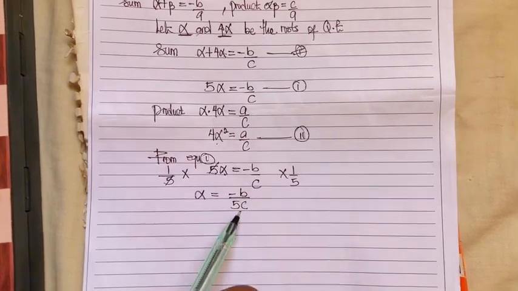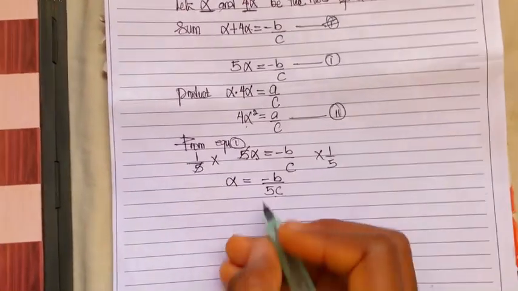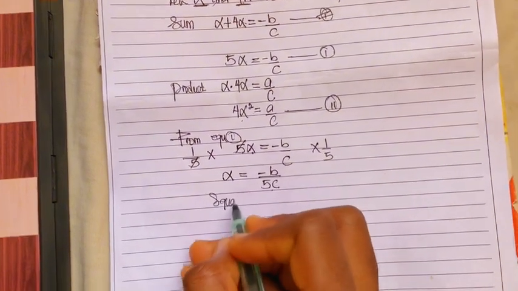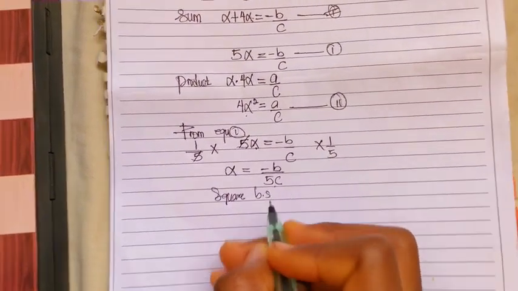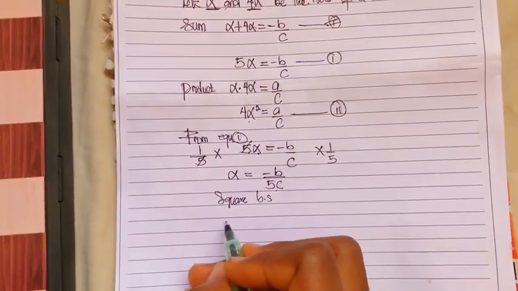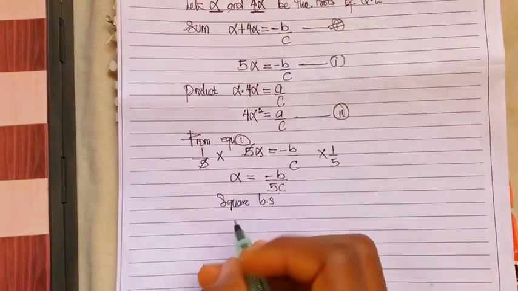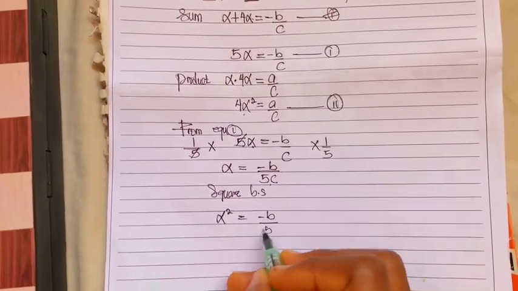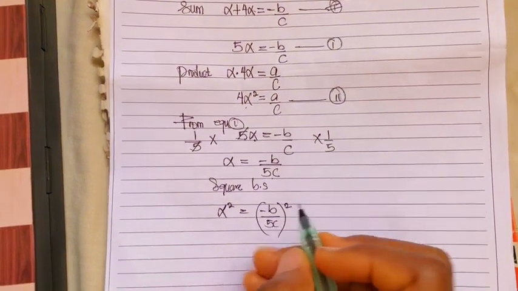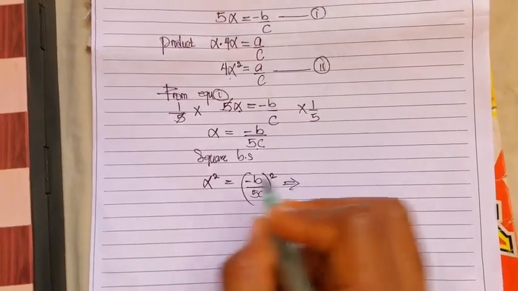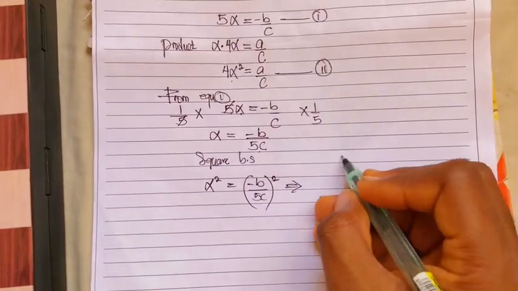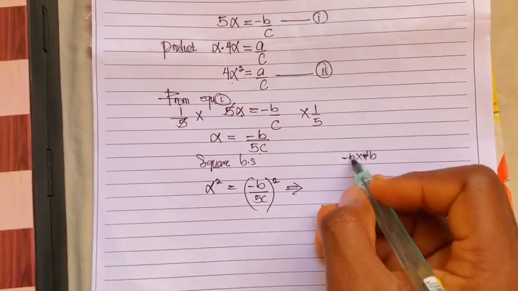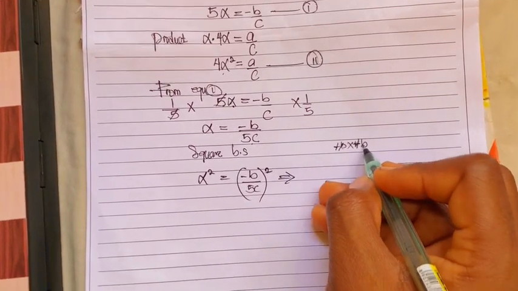Now that I have minus b over 5c, I can square both sides. I have alpha squared equals minus b over 5c, all squared. And this results in minus b times minus b, where minus nullifies minus, and b times b gives us b squared.